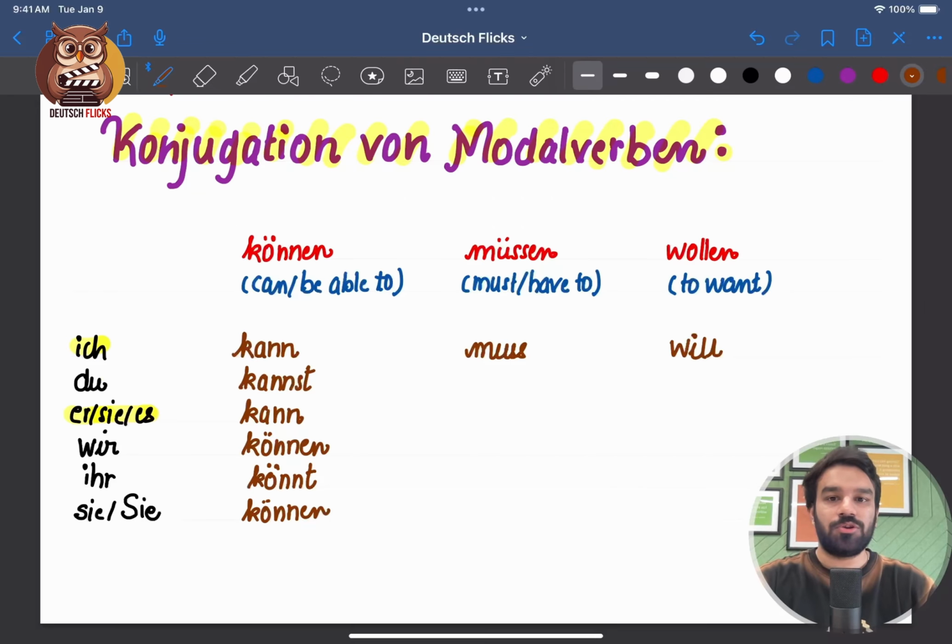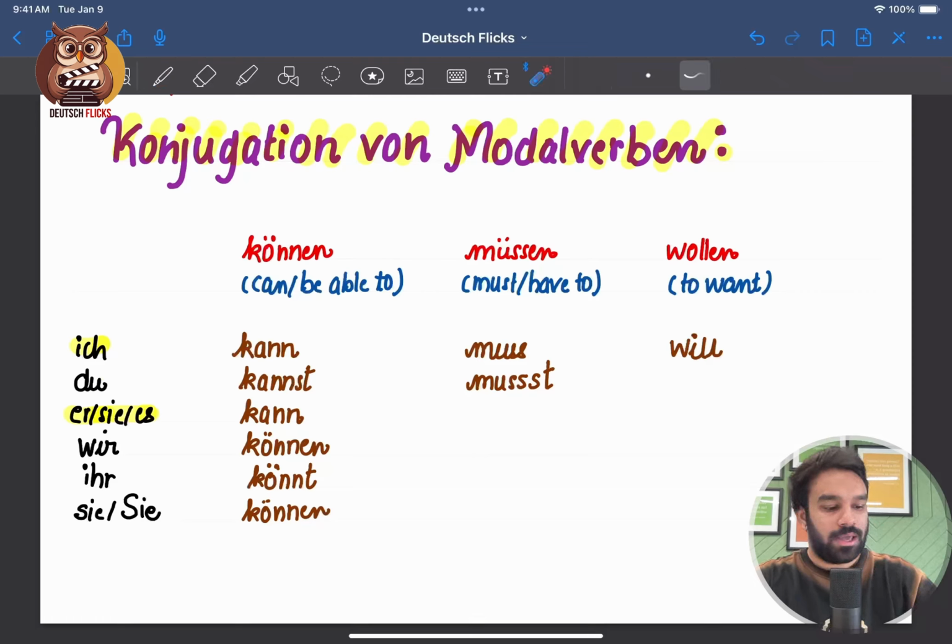Let's discuss the conjugation. With du, we have to add st. If you have written triple s in the spelling, this is wrong. Why? When we discussed the conjugation, we saw that if any root is ending in s, ß or z, we have to drop s while conjugating with du.